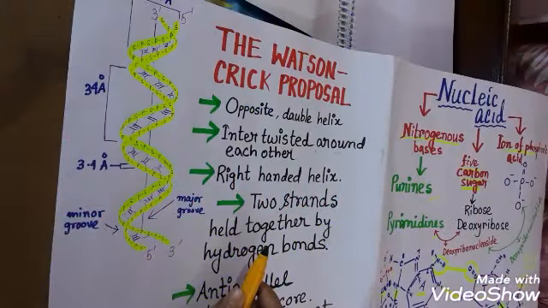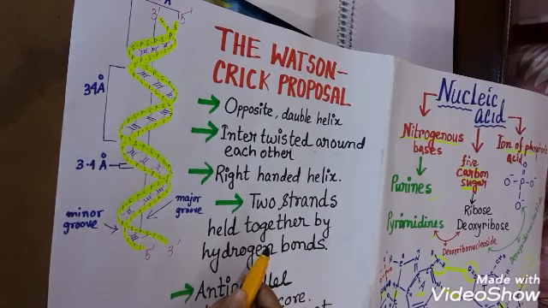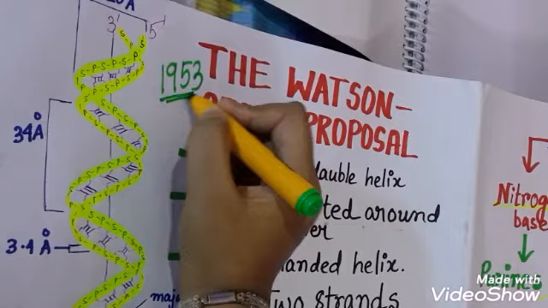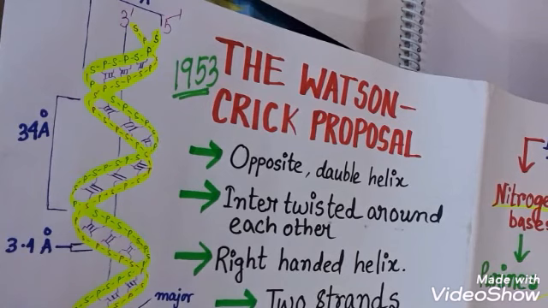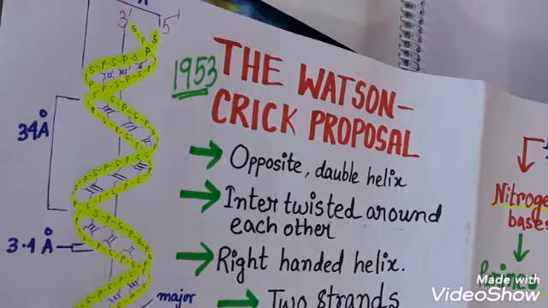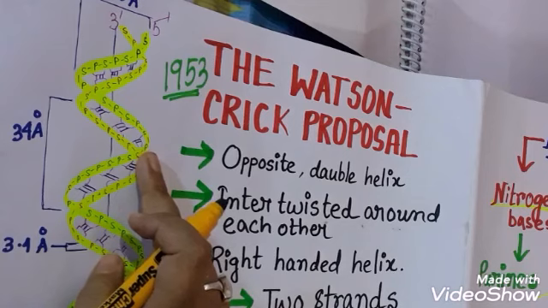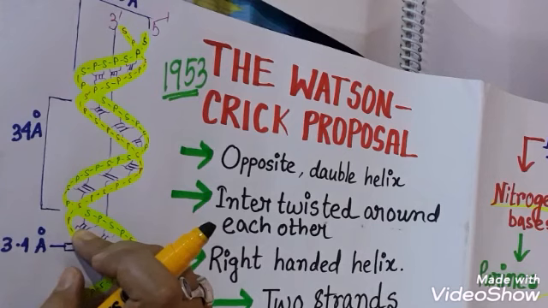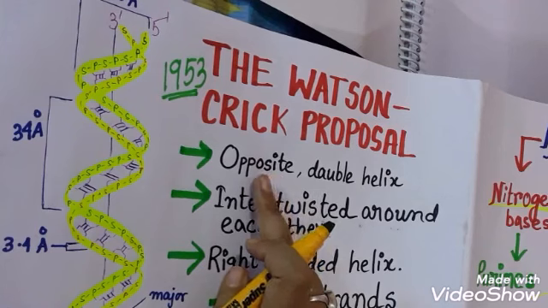If we assemble the whole thoughts in one page, then we have to consider the Watson-Crick proposal that they told that DNA is always present in a double helix manner. You can see here that 2 rows are present and both strands are twisted in a helical manner, and the characteristic is that they are opposite, a double helix.